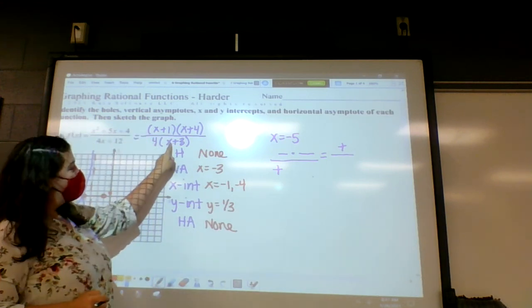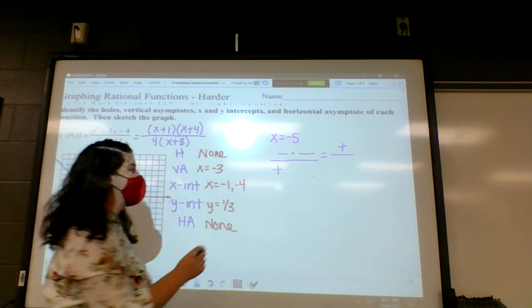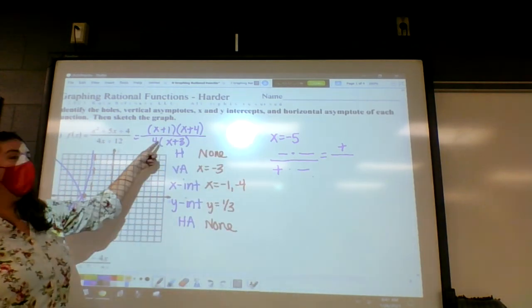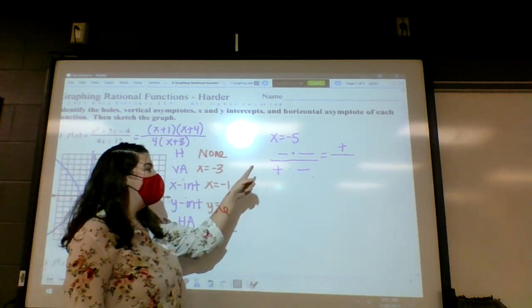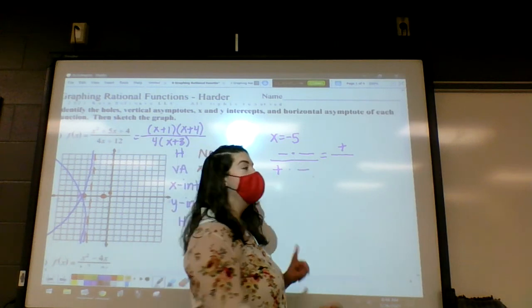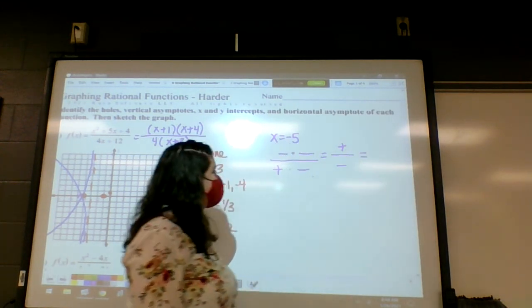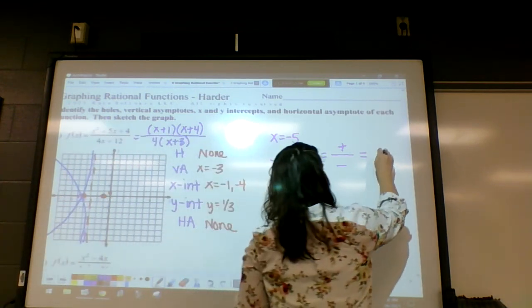And then if you plug -5 in here, -5 plus 3 is -2, and so that would be a negative number. And those are still being multiplied because it's factored form multiplication. And so a positive times a negative is a negative. And then you can go ahead and do the division. Positive divided by negative is negative.